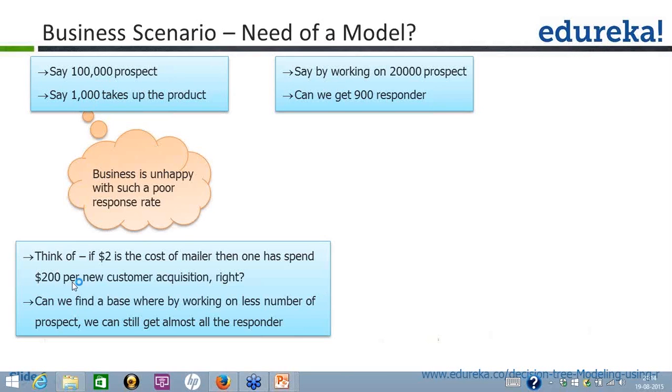So $200 just to get one customer. And your management is too unhappy. They are thinking, why the hell did you spend so much? If you had to get only 1,000, can you send to fewer people and still get almost all the responders? So they are asking a hypothetical question: can you send to just 20,000 people and get almost all the 1,000 responders?